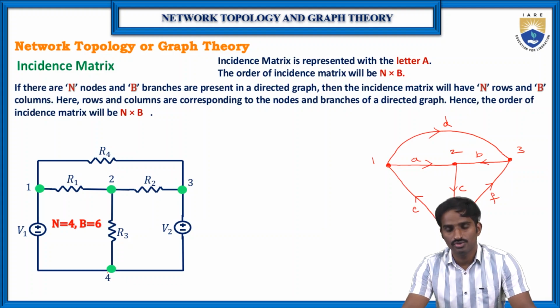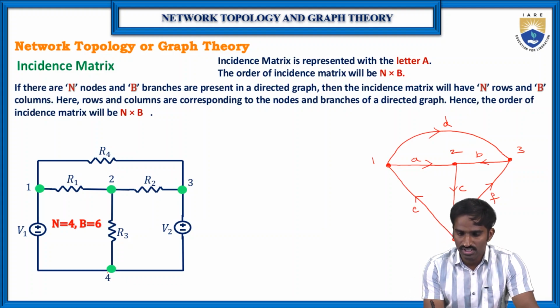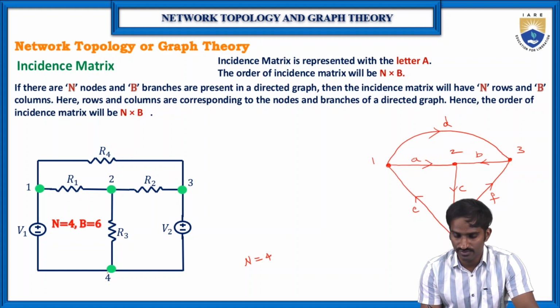So how many nodes are there, which means n is equal to how many nodes? 4 nodes are there, which is equal to the rows in the matrix. Then how many branches are there? A, 1, 2, 3, 4, 5, 6 branches are there.